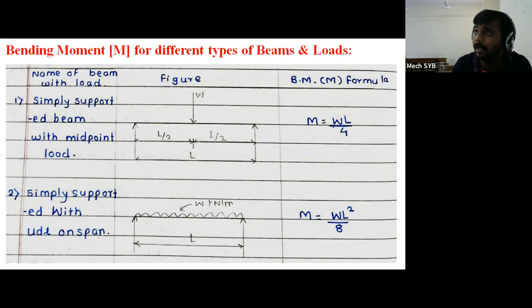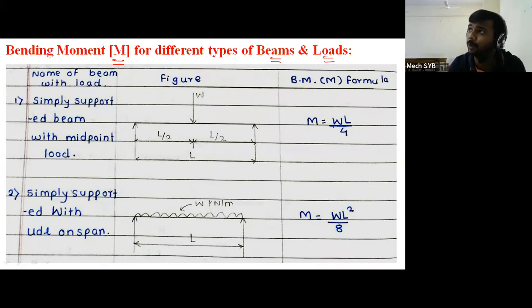If you see the table, the heading मध्ये काय सांगितलंय: बेंडिंग मोमेंट, मीन्स कॅपिटल M, for the different types of beams and the loads. टाइप्स ऑफ बीम आपण किती वापरले? Which are the two types of beams? 4 स्टँडर्ड केसेस मध्ये कुठल्या दोन प्रकारचे बीम आहेत? Simply supported and cantilever.